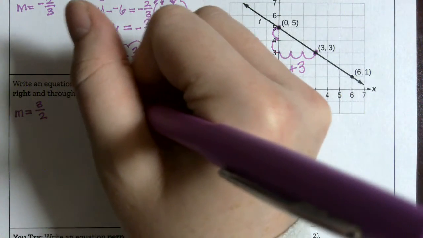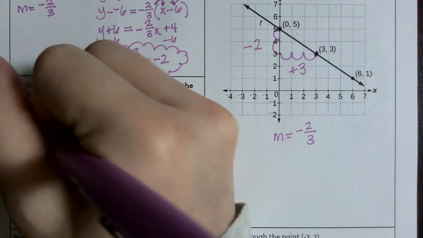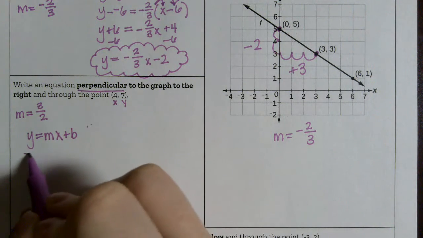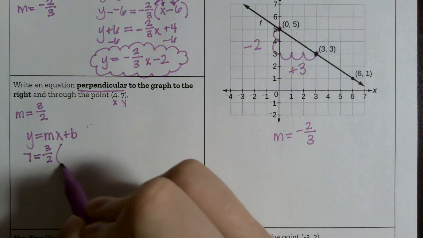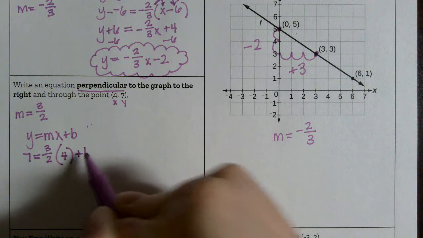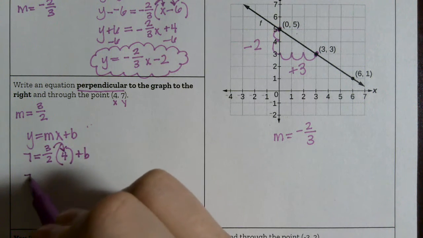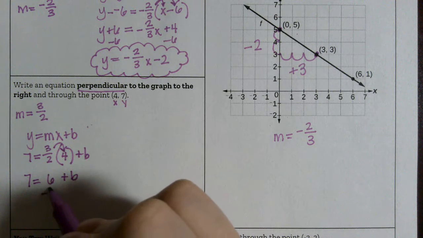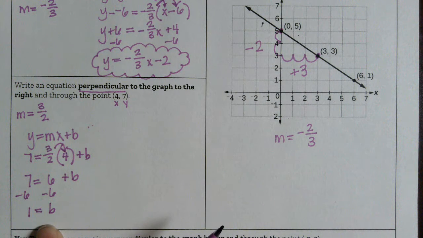And then I'm going to plug in my x and my y and my m into y equals mx plus b. So my y value is 7, my m is 3/2, my x is 4. I can multiply these two to get 6 and subtract to get that my b value is 1.